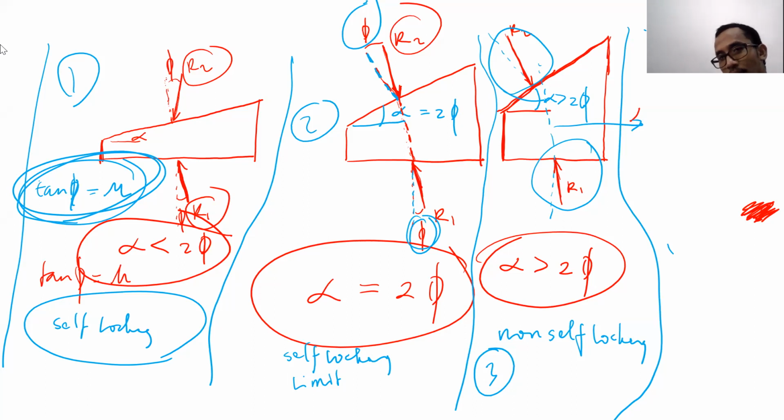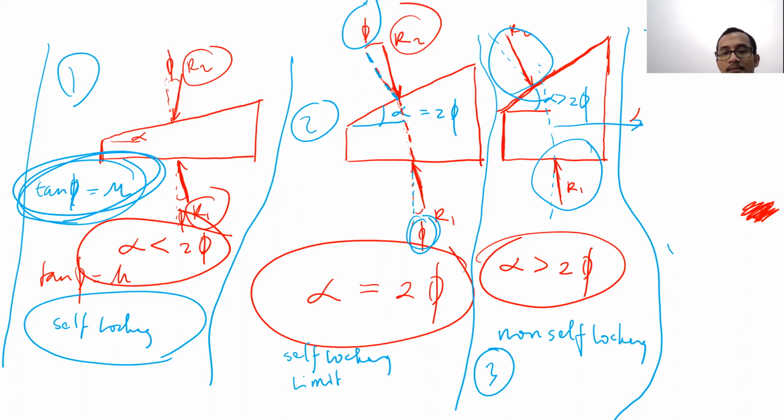When you push the wedge in and then remove the force P, there are several conditions that can happen. The first condition is the wedge will stay there, which means there is self-locking condition. The second one is the self-locking limit. The last one, number three, is non-self-locking. If alpha is too big, then it will not be self-locking. So it's the relation between alpha and phi.